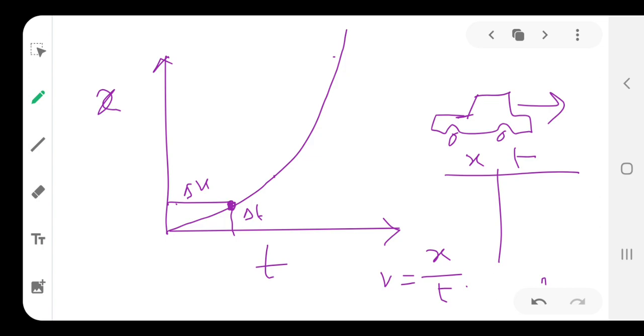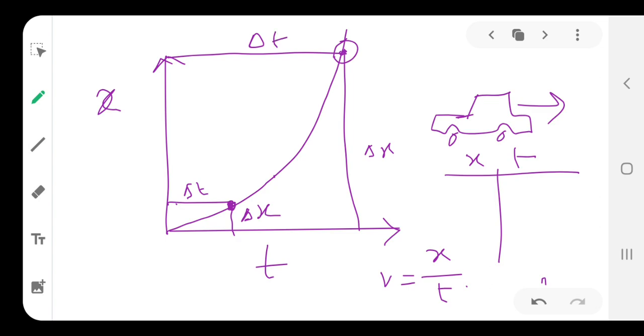Here, if I take this point, this will be my delta x, and this will be my delta t. You can see clearly here delta x is very small compared to delta t, but here it is almost the same.